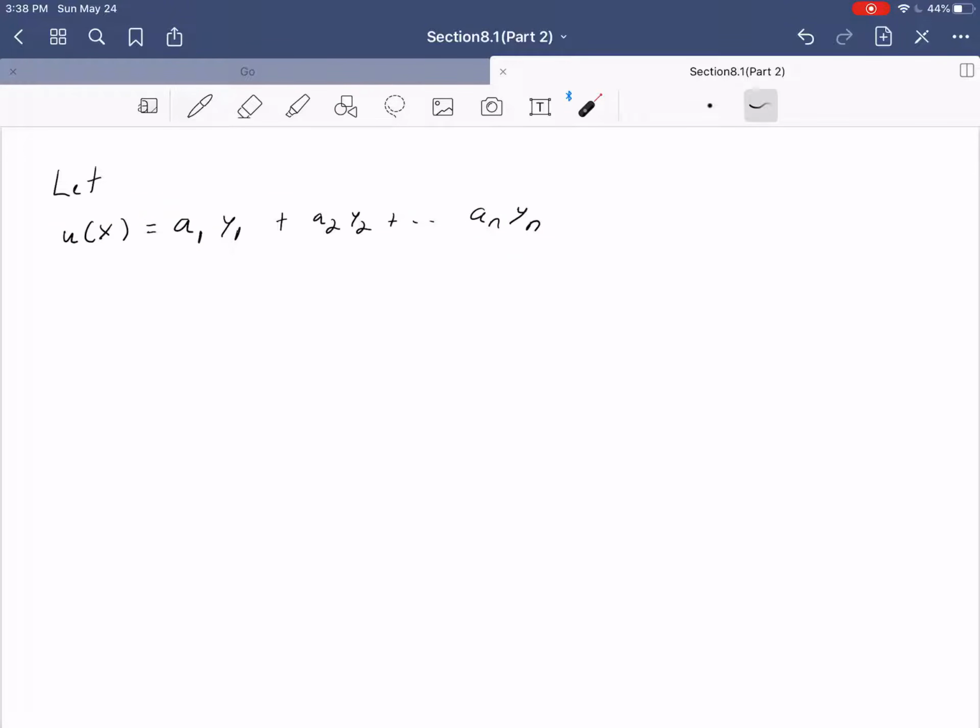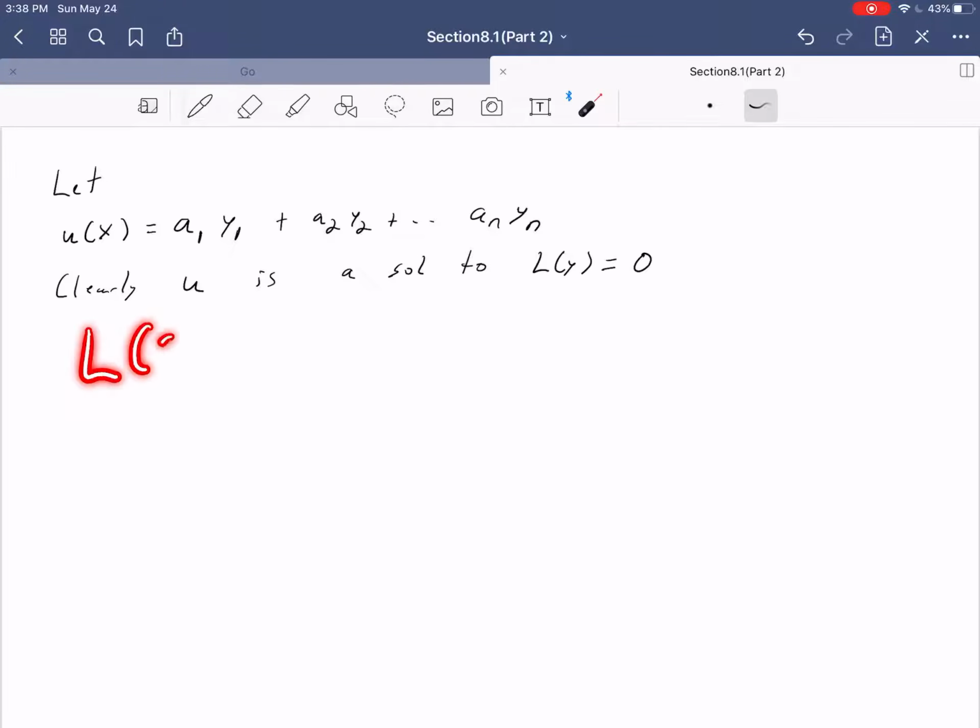Okay? All right. Now, we should be able to see clearly u is a solution to L of y equals 0. How do I know u is a solution to L of y equals 0? Well, because y1, y2 through yn are solutions, and we know that L is a linear operator.